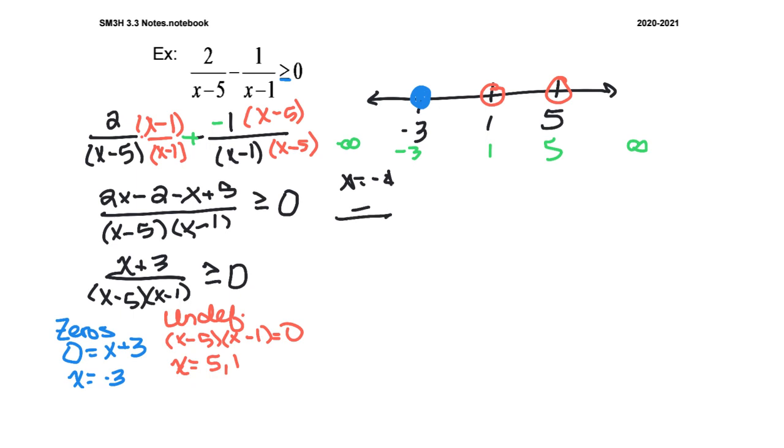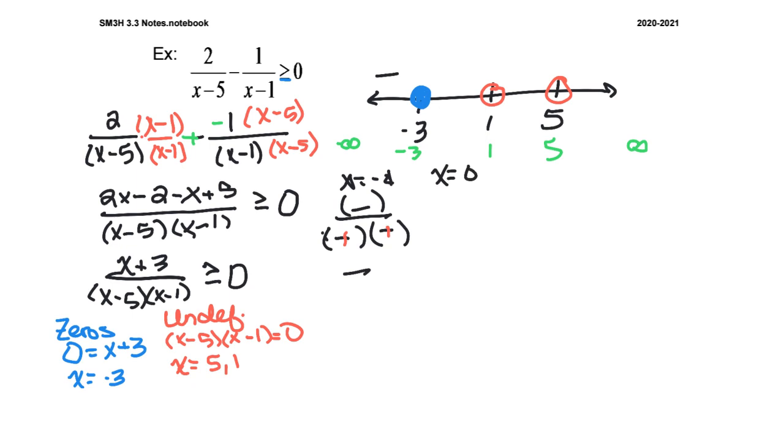By inputting negative 4, I get negative 4 plus 3 is negative, and then x minus 5 and x minus 1 are placeholders for the factors. So I get a negative and a negative. Negative times a negative is positive, so I have a negative divided by a positive, which is negative. So in that interval, it's always underneath the x-axis.